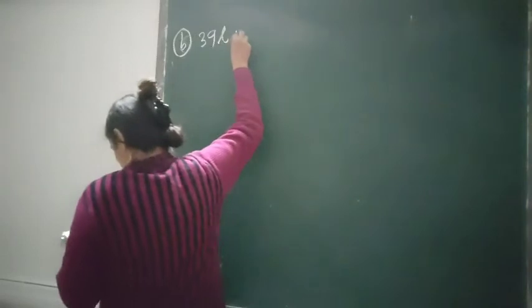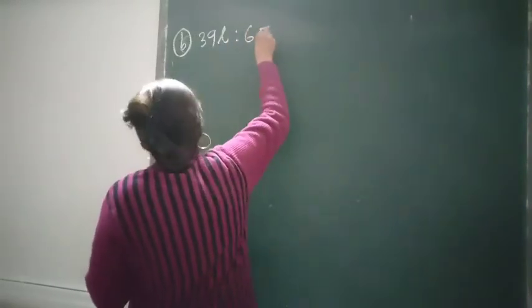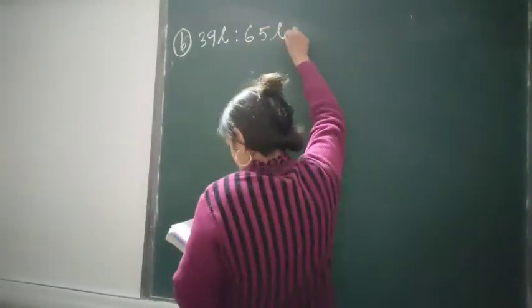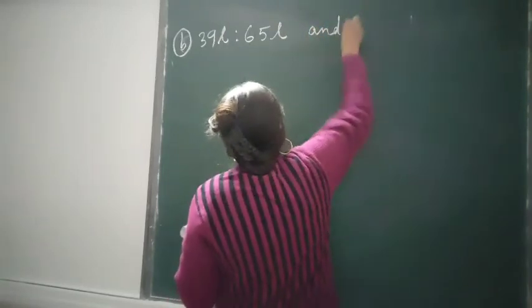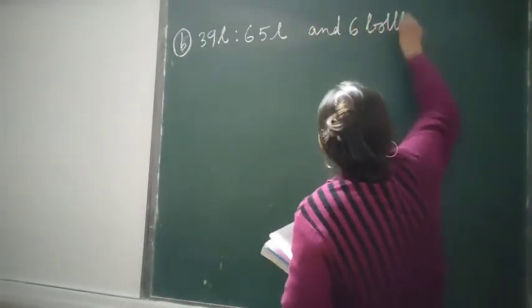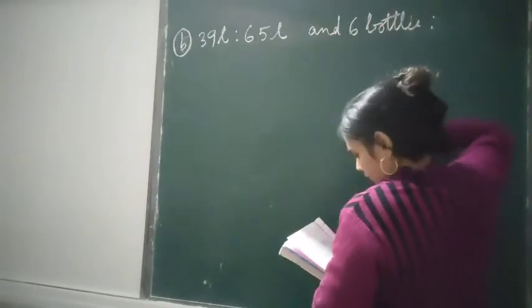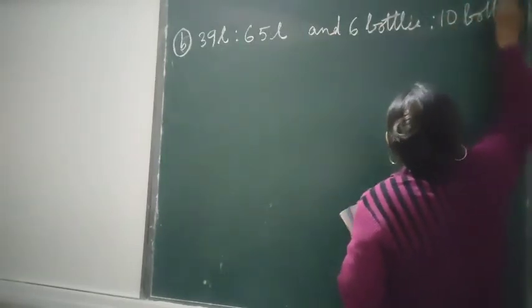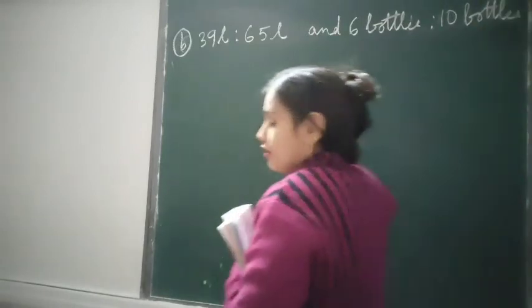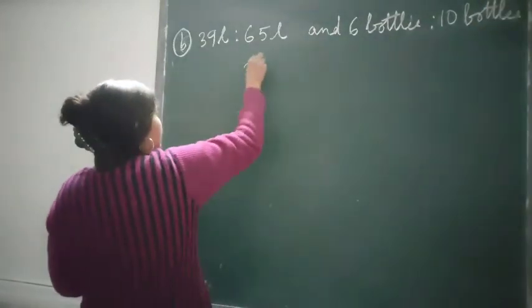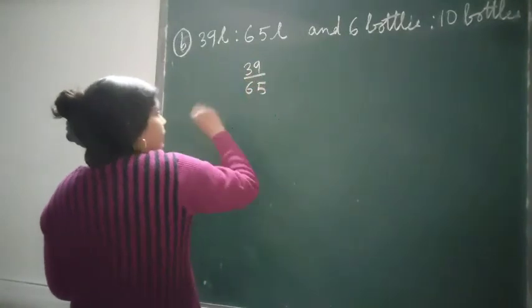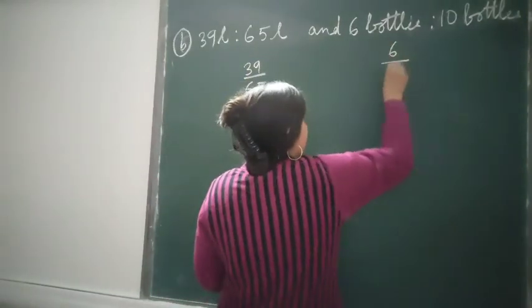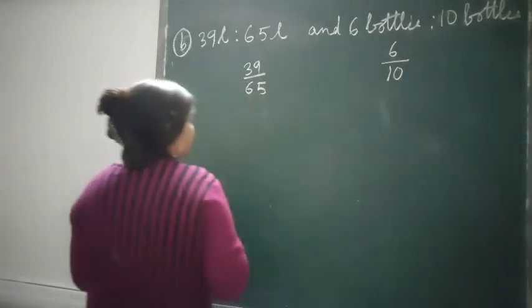B part is 39 liters, 65 liters, and 6 bottles to 10 bottles. So let's compare the two ratios. This is 39 and 65, both are liters, and this is 6 and this is 10, both are bottles.